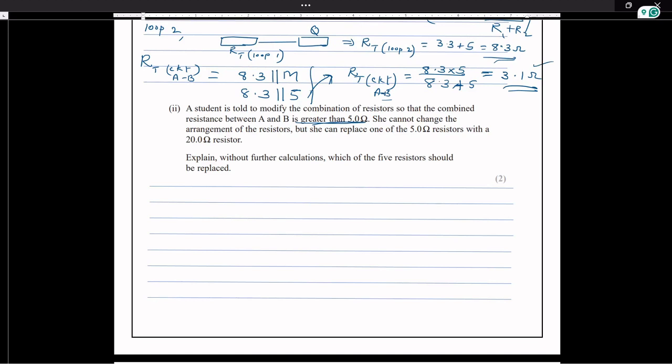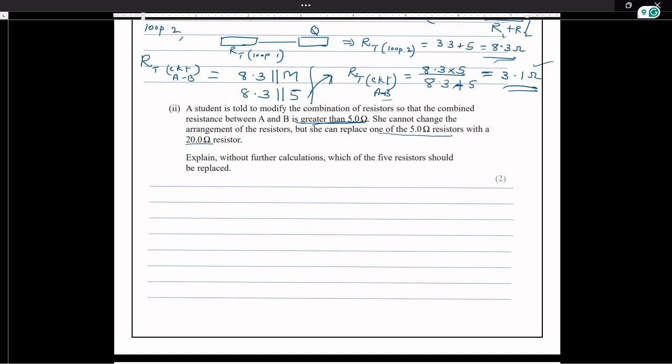But he cannot change the arrangement of the resistors, but she can replace one of the 5 ohm resistors with a 20 ohm resistor. Explain without further calculation which of the 5 ohm resistors should be replaced.